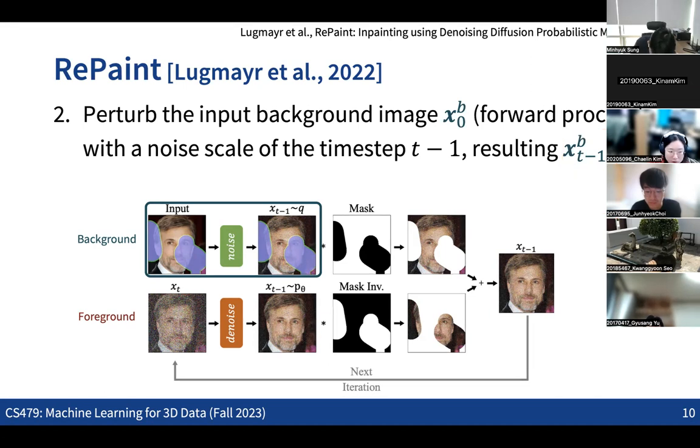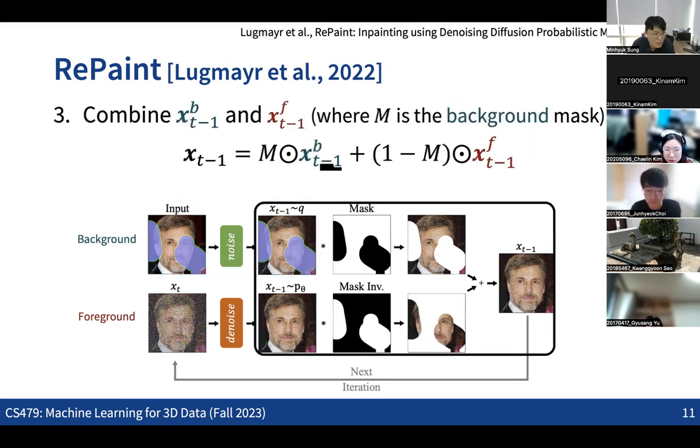So we are getting the foreground noise image at time step t minus one, and the background noise image at time step t minus one. Then we combine these two by taking specific regions using the mask.